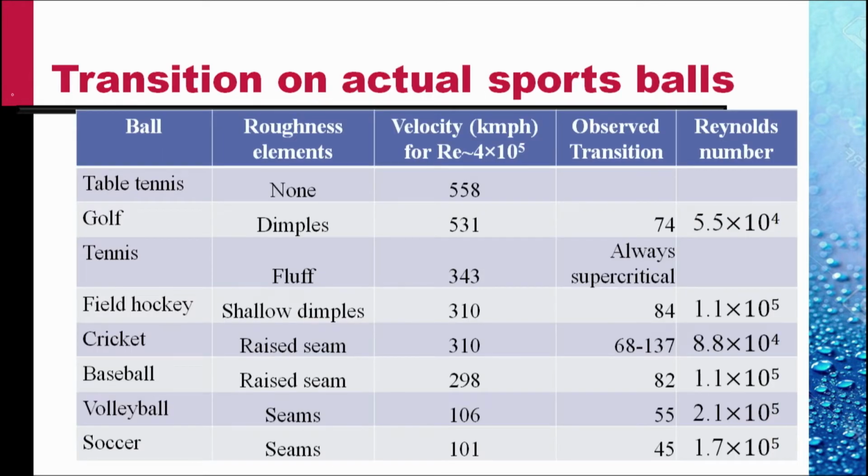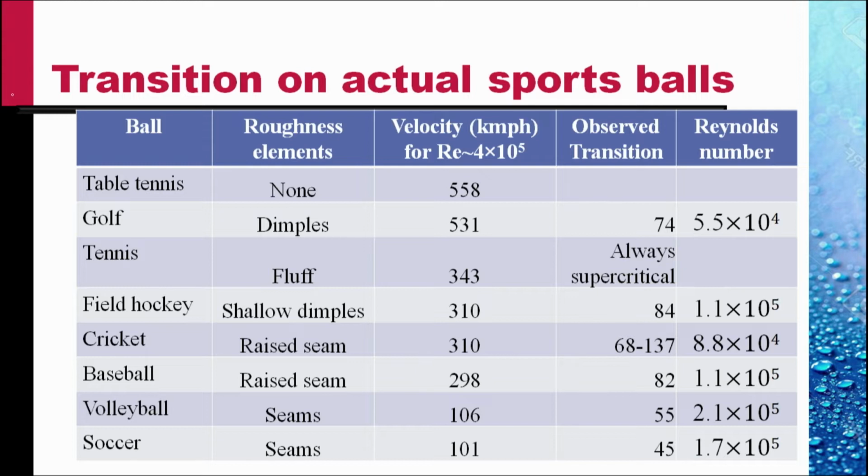The transition in actual sports ball are listed here. For a table tennis ball, we don't think the transition ever takes place. On a golf ball, the velocity reduces from a very high value to a value of only 74 kilometers per hour, well within the range of good golf shots.